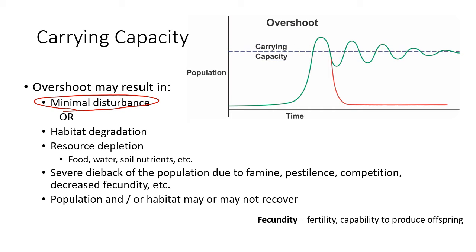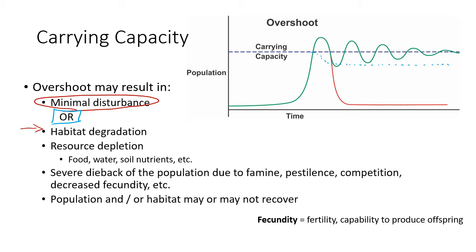However, we could have any of these really severe impacts. It could be habitat degradation. Habitat degradation will reduce the carrying capacity. So instead of carrying capacity staying at this single point, we degrade that habitat so much that the carrying capacity is now lowered.